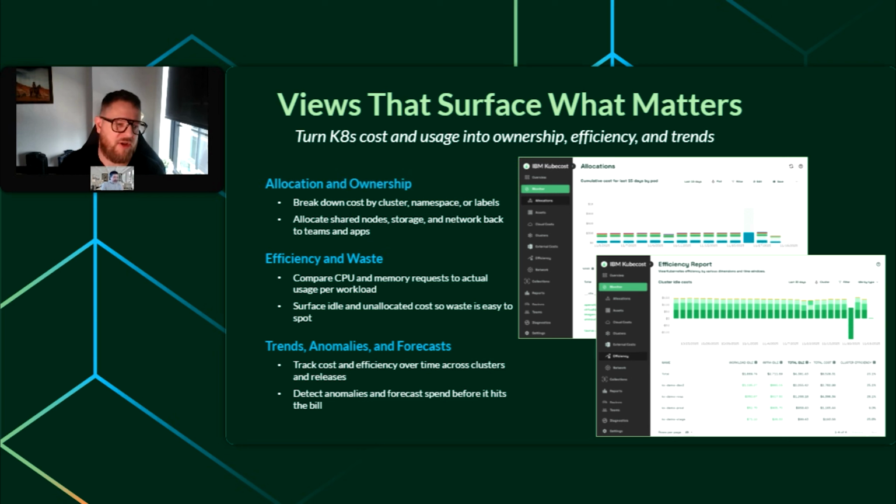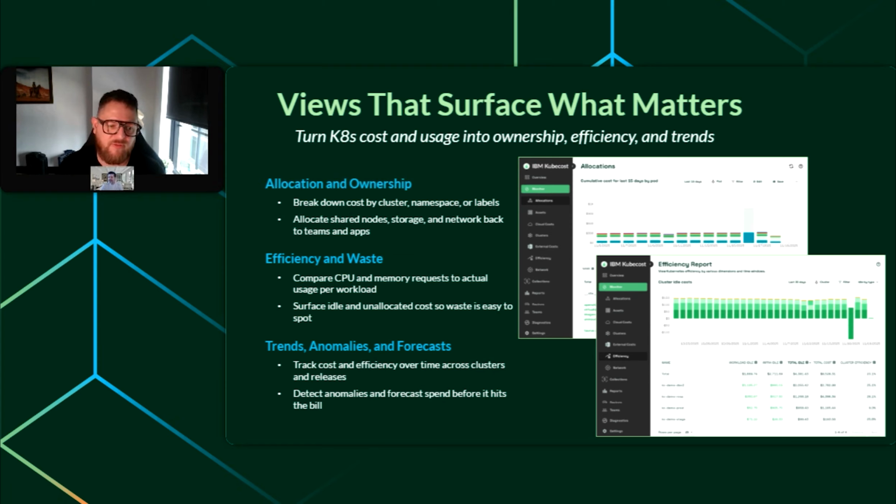Now, what you're looking to do here is view the views that surface what matters, turning your Kubernetes costs into ownership, efficiency, and trends. Allocation and ownership, in this case, aggregate data from Kubernetes primitives, from labels, etc. Obviously, it allocates all of that for you. Efficiency and waste, self-explanatory, views efficiency metrics and surfaces optimizations through savings insights.